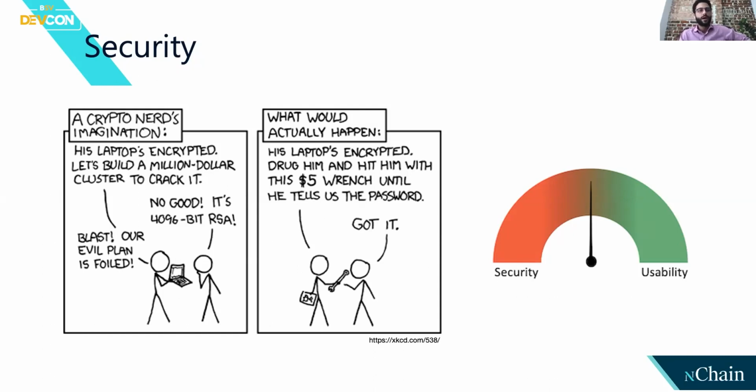The more security features you have, for example two-factor authentication, extra layers of encryption and more bits of encryption, the harder it is for usability. It's harder to get into your account with two-factor authentication, or the encryption is slower. So there's always a balance.